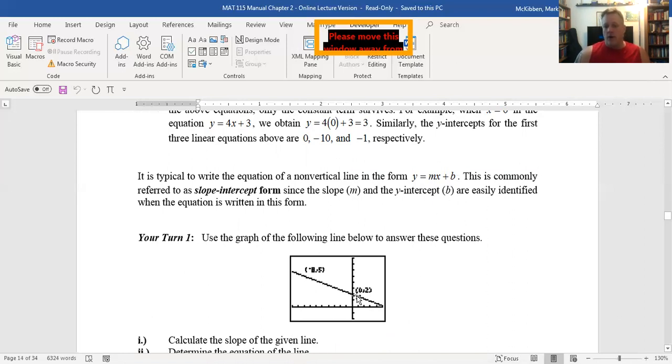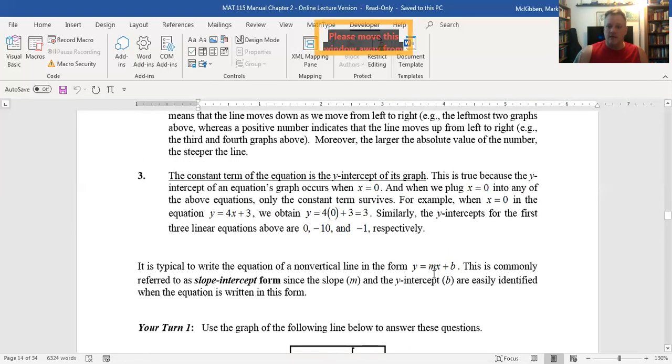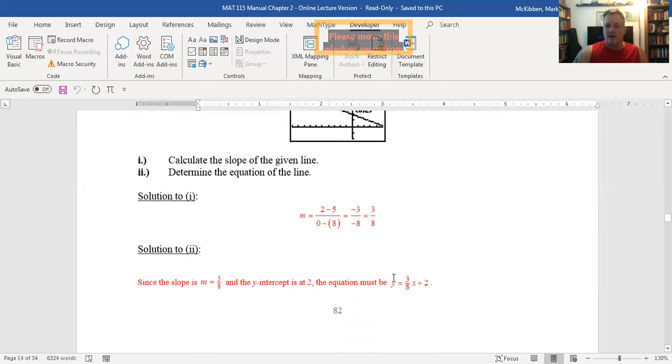But we do. The y-intercept is 0,2, and so the b happens to be 2. And so if you just plug in m equals 3/8 and b equals 2 into this equation, you get the slope-intercept form of the line. Not too bad.